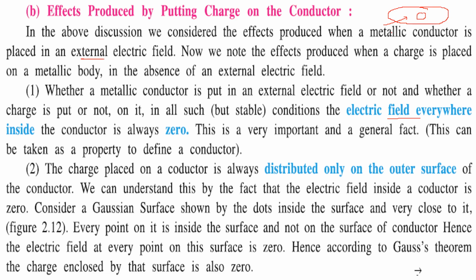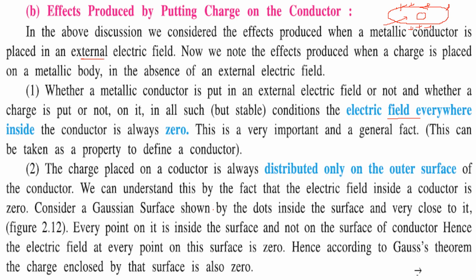Now the charge placed on a conductor is always distributed only on the outer surface of the conductor. We can understand this by the fact that the electric field inside the conductor is zero. So we can have a Gaussian surface, shown by some dotted surface.